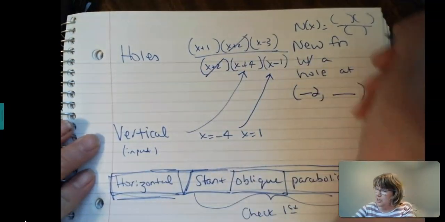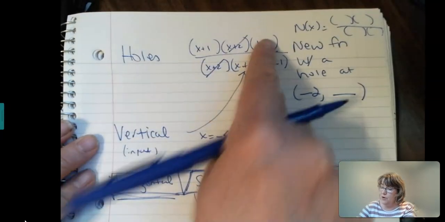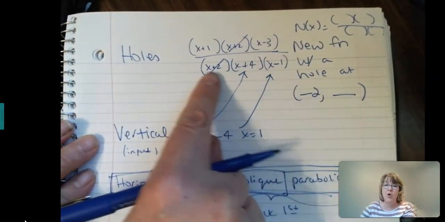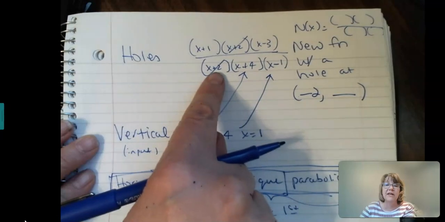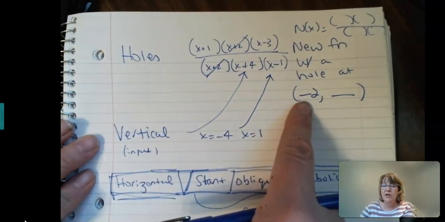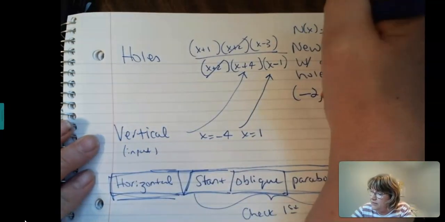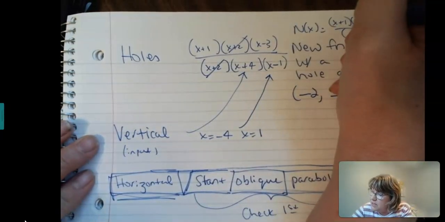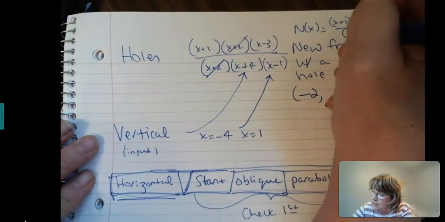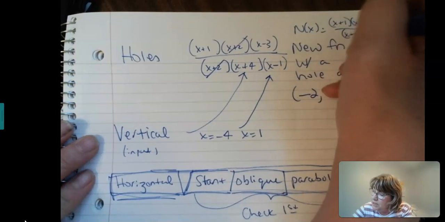Your new function is going to be the 4 parts that are left, but you're going to have a hole at whatever canceled, -2, and whatever you have over here, you'd have to sub a -2 in. So you would take those x values, sub a -2 in to see what the output is.